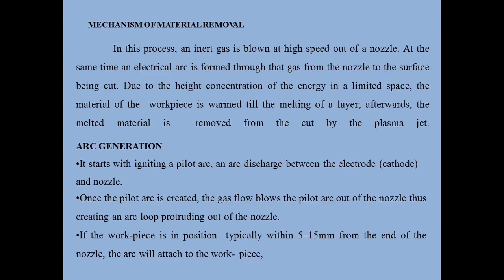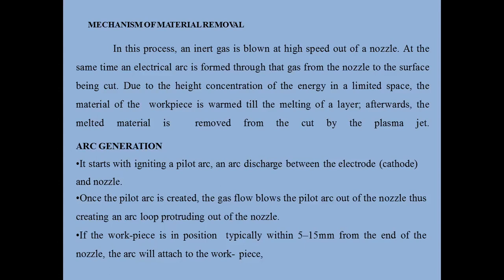The gap between the workpiece and the nozzle torch we call the work distance, and that distance is only about 5 to 15 mm. You can see here, it starts with igniting a pilot arc, an arc discharge between the electrode and nozzle. Once the pilot arc is created, the gas blows the pilot arc out of the nozzle, thus creating an arc loop protruding out of the nozzle.